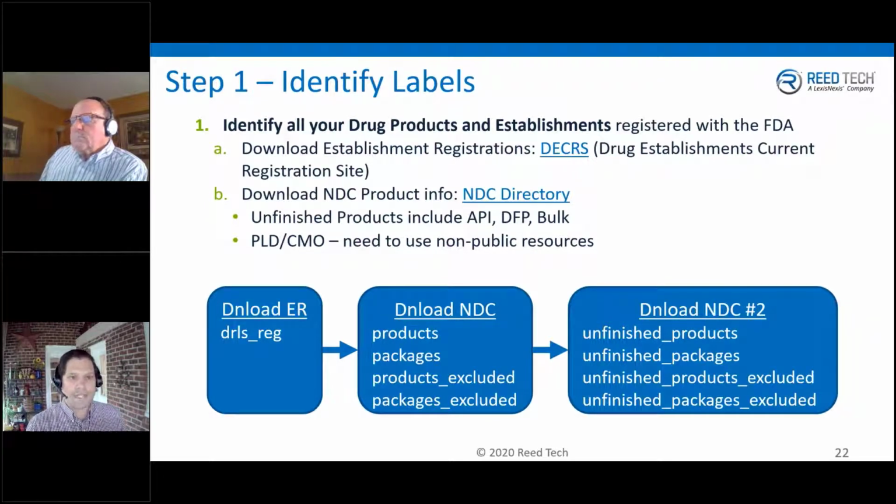From there, downloading the NDC product directory. This is where it starts getting a little complicated for different organizations. For distributors or private label distributors, you can find both the active and excluded product lists in this database. For manufacturers, you can find all unfinished products: APIs, drugs for further processing, bulk products.